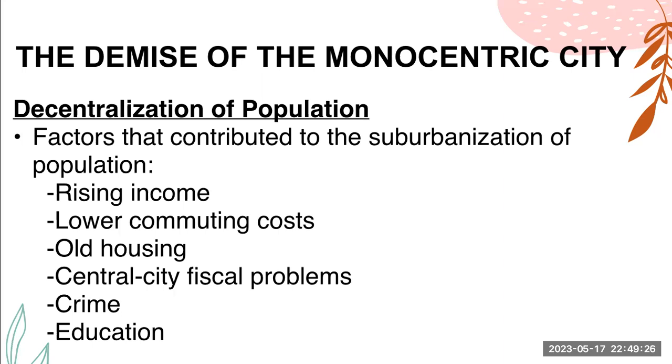Next is crime. Most central cities have relatively high crime rates, which encourages households to move to the suburbs. And lastly, education. Suburban schools are often considered superior to central city schools, thereby encouraging households to relocate to the suburbs.